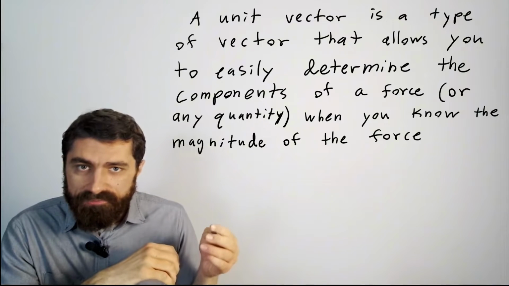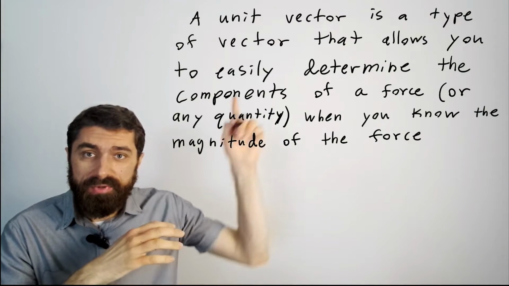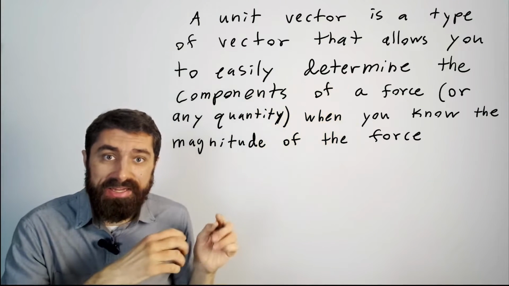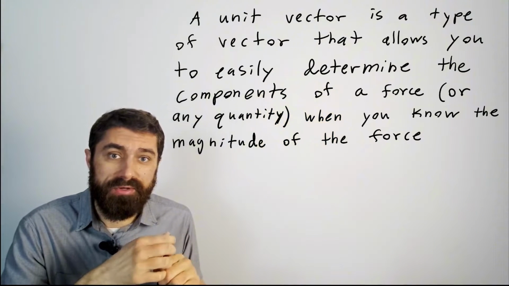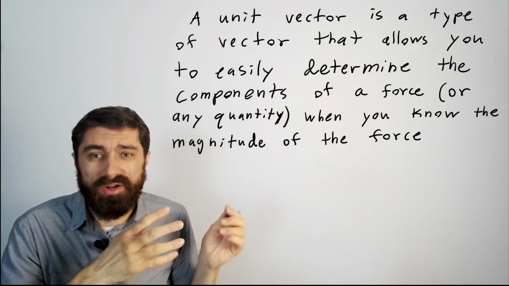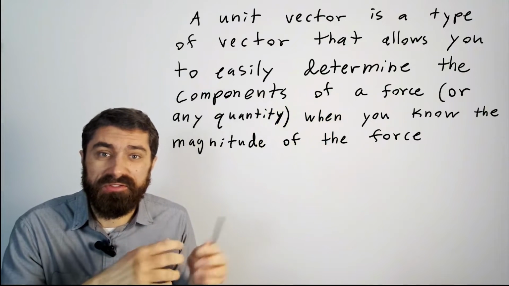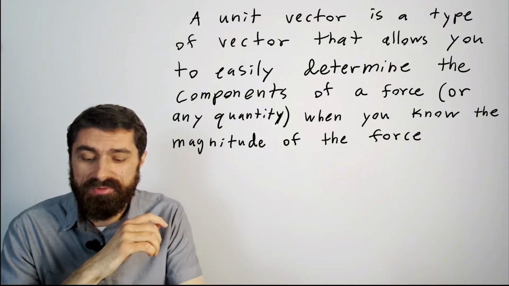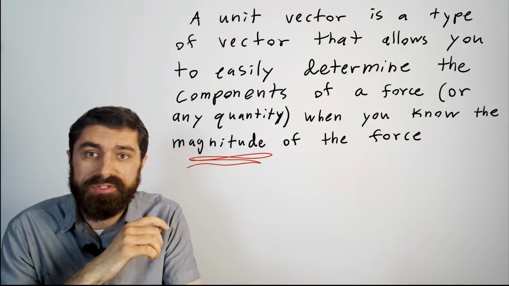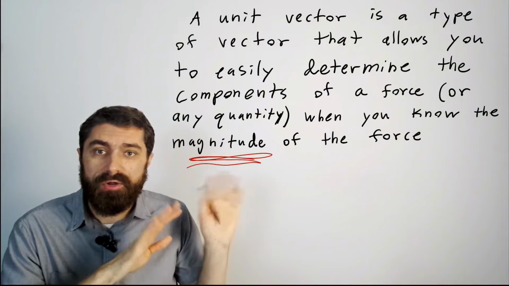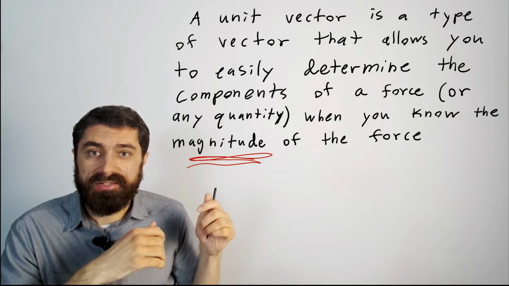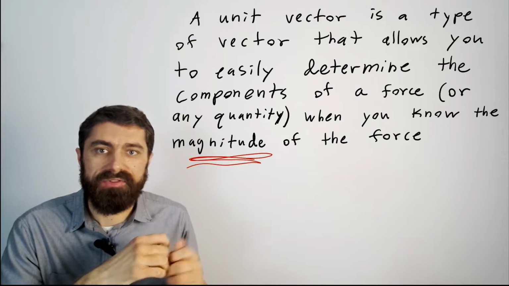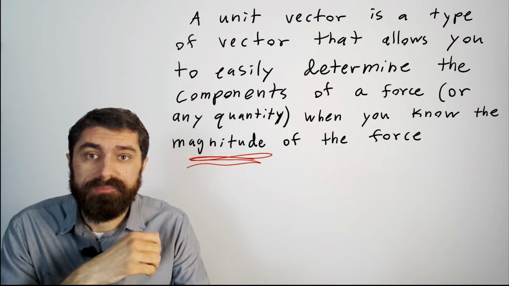Turns out a unit vector is a type of vector that allows you to easily determine the components of a force, or it can be any quantity. We'll also do it with electric fields. When you know the magnitude of the force and you know the unit vector as well, then you can easily use it to figure out the x and y components.